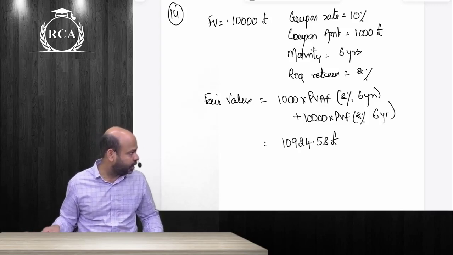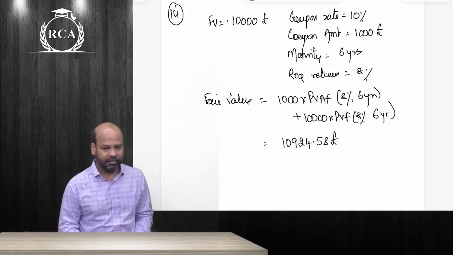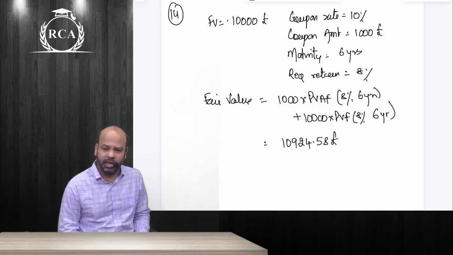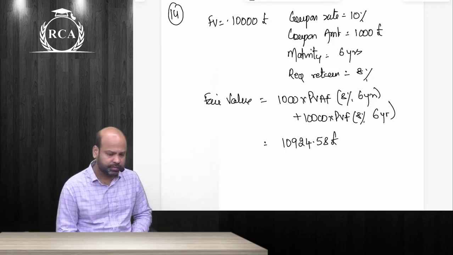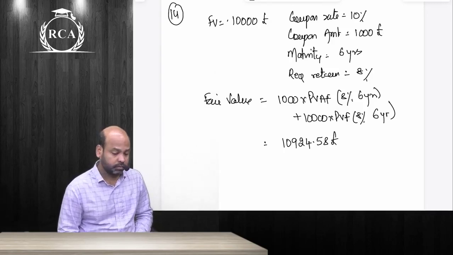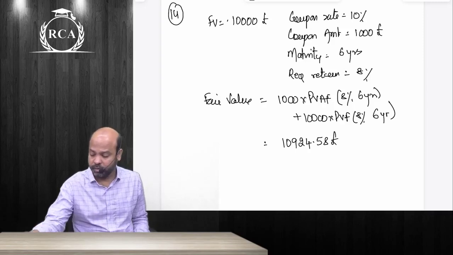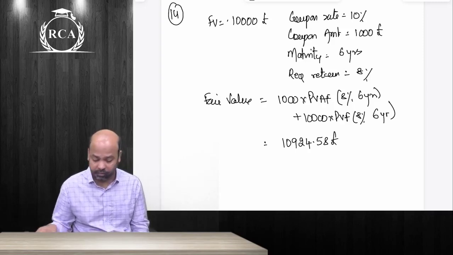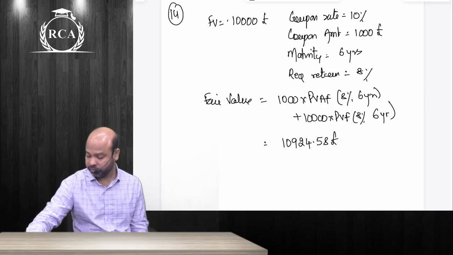You will be paying 10,924.58. Every year you will receive £1,000. At the end of 6th year, you will receive £10,000.